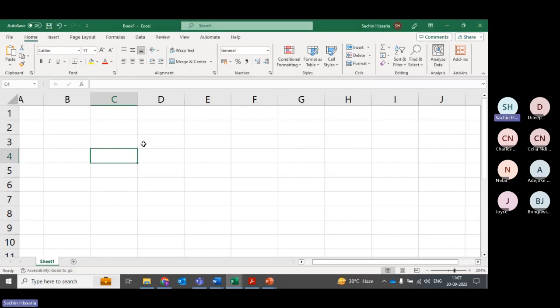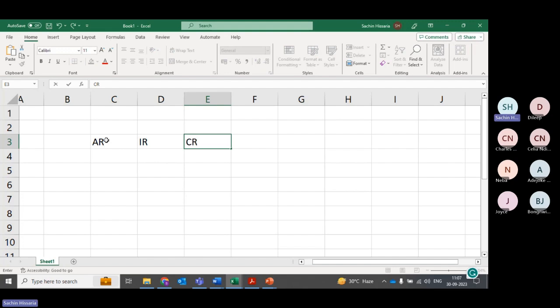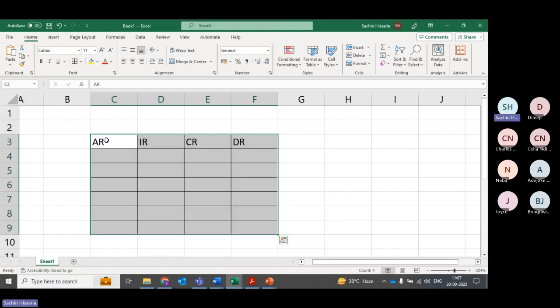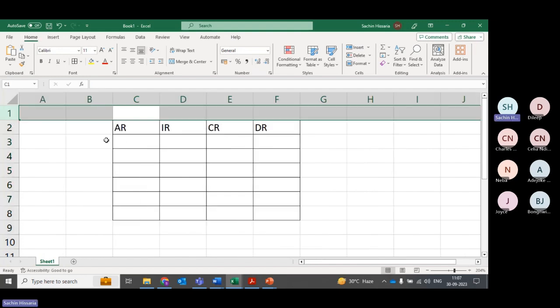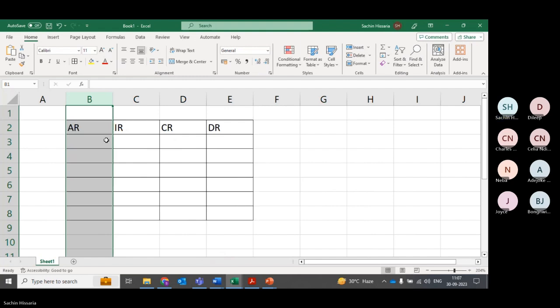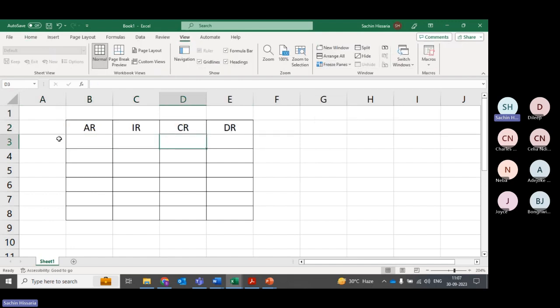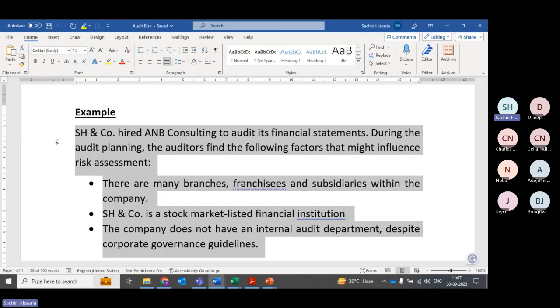Okay. As we know, audit risk is the multiplication of IR, CR, and DR, correct? This is the formula for calculation of audit risk. Now, in this scenario, as per your understanding, what is IR?